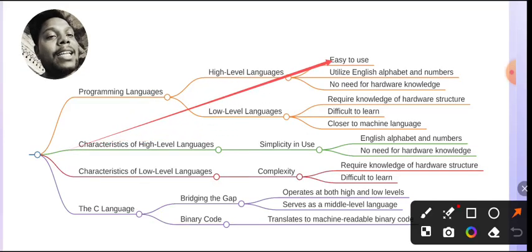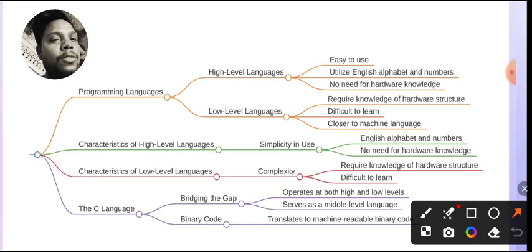So what is high level language? As you can see, high level language is in the reference of humans. Any language on behalf of humans, easy to use, that utilizes English alphabets and numbers.